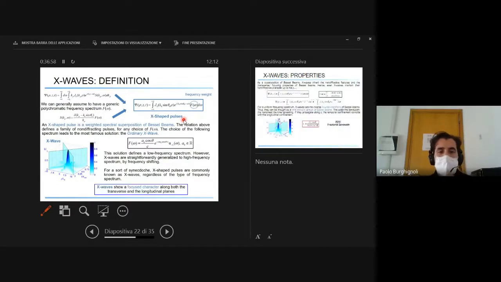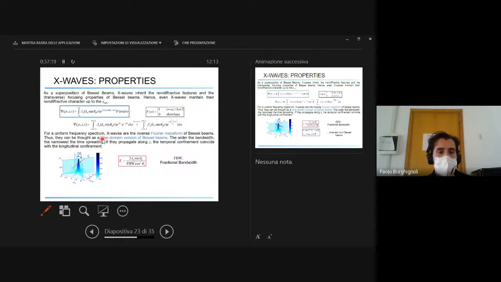Okay, the interesting property of an X wave with respect to the Bessel beam solution is that it is not only focused along the transverse direction, but also along the longitudinal direction, the z-axis, that is the axis of propagation.